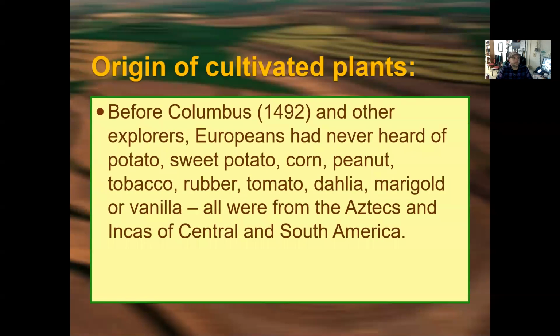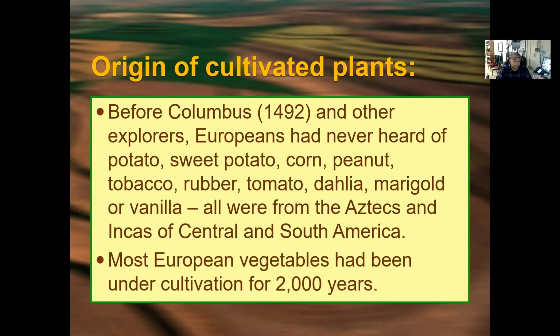So before Columbus, which would be 1492, and other explorers, Europeans had never heard of anything like potatoes, rubber, marigold, vanilla, tobacco, a lot of these things because they were all from the Aztecs and Incas of Central and South America. So most European vegetables had been under cultivation for about 2,000 years before that. So now you're adding all these new things into it.